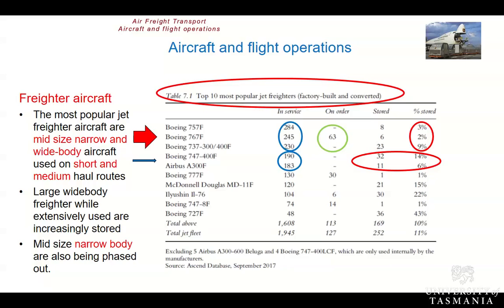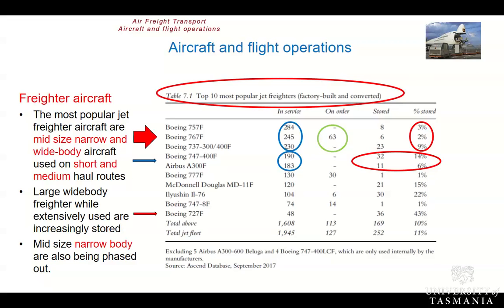Some mid-sized narrow bodies are also being phased out, so not all mid-sized narrow bodies are popular, such as the Boeing 727 freighter.